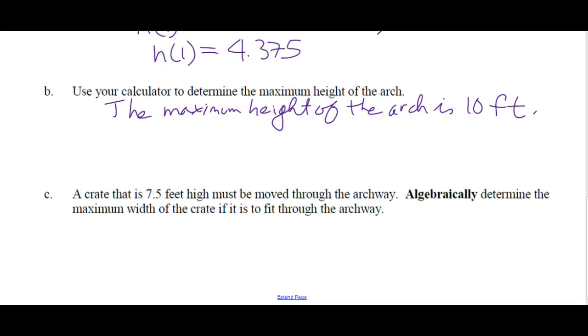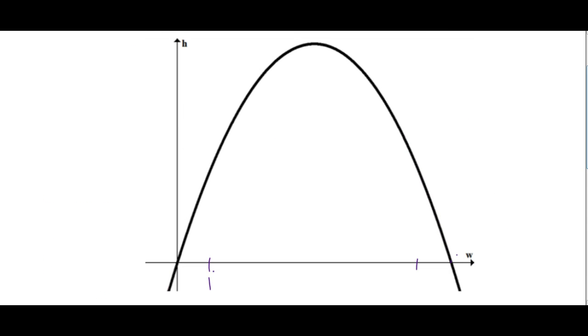A crate that is 7.5 feet high must be moved through the archway. Algebraically determine the maximum width of the crate if it is to fit through the archway. Okay, so what do we know? We know that this is the point 410. We know that this is 4.